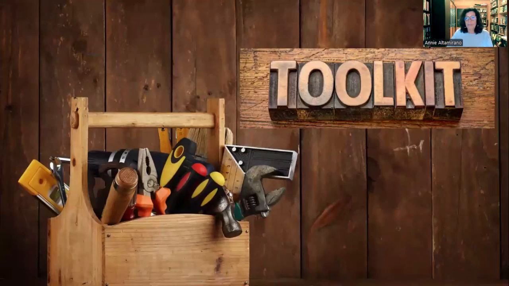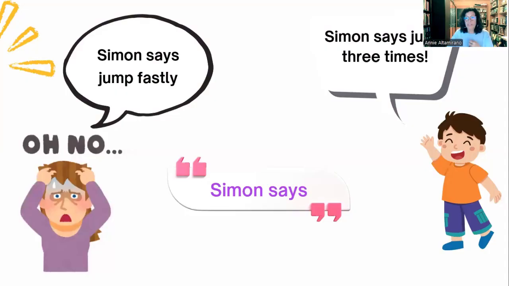So let's have a look at a simple toolkit with some activities at different levels that you can use. For example, a traditional one, Simon Says. But you all know how to play Simon Says in the classroom. But let's give it a twist.